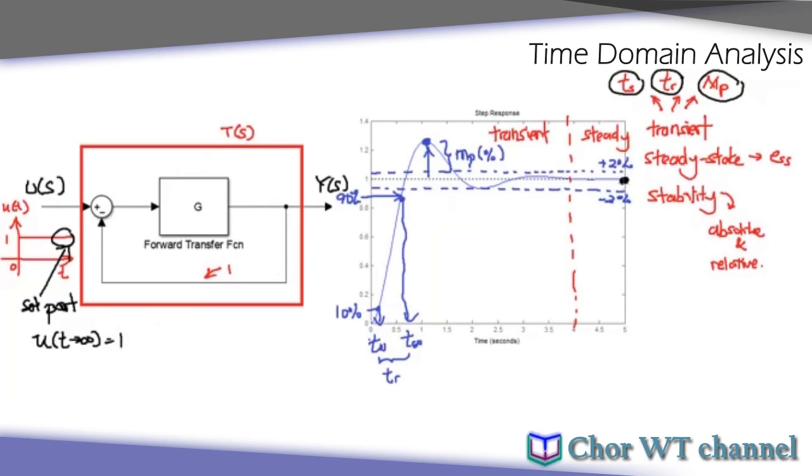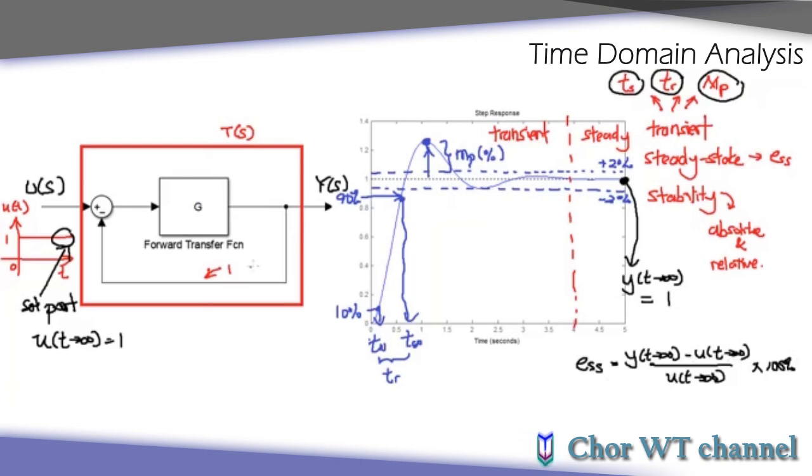So my ESS, the steady state error, is the output at infinity minus the set point at infinity, divided by the set point at infinity, multiplied by 100%. That gives us the steady state error. In this case, if the final value of your set point is 1 and the final value of your output is also 1, that means your system returns with no steady state error.